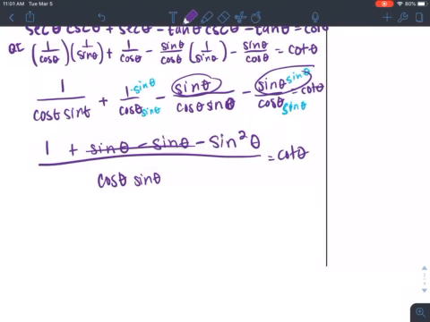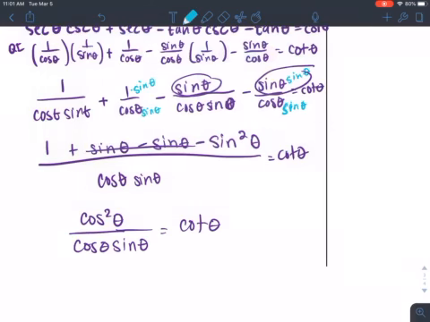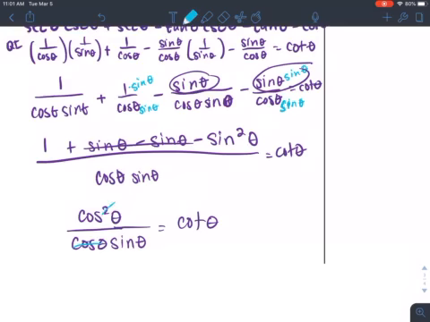And I get this 1 minus sine squared theta, which I remember is cosine squared theta, all over cosine squared theta sine theta. And we're hoping this equals cotangent theta. Then I notice the cosines are going to cancel, but there's only 1 on the bottom and 2 on the top. What is cosine theta over sine theta? Oh yeah, that's cotangent theta. So in the end, we are verified. The left side did equal the right side.